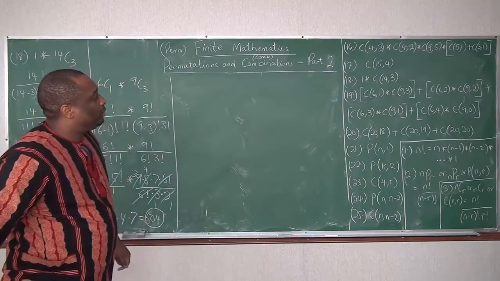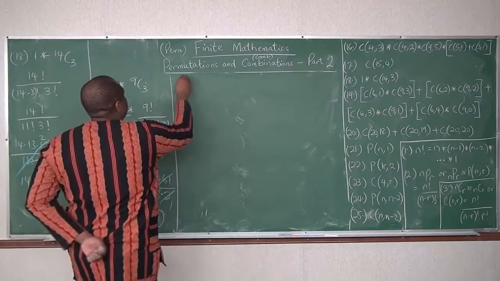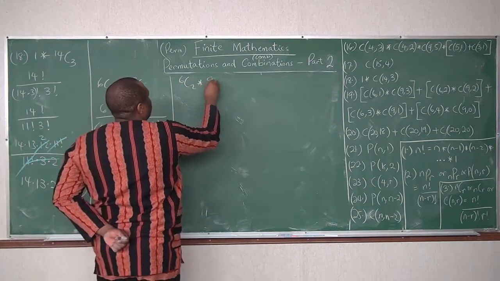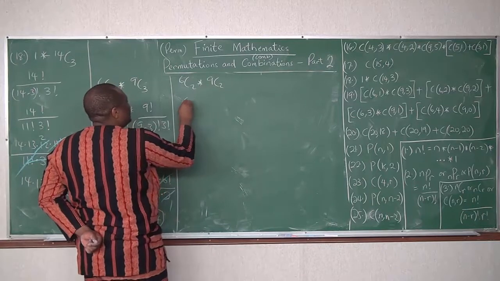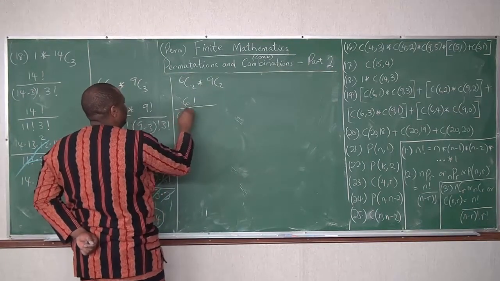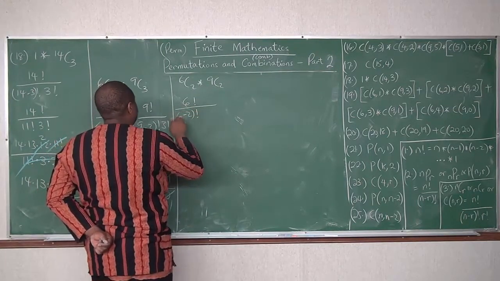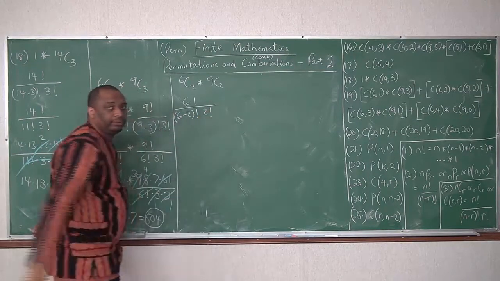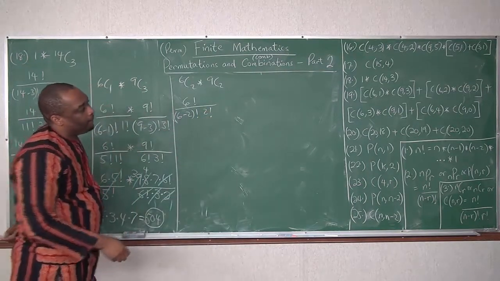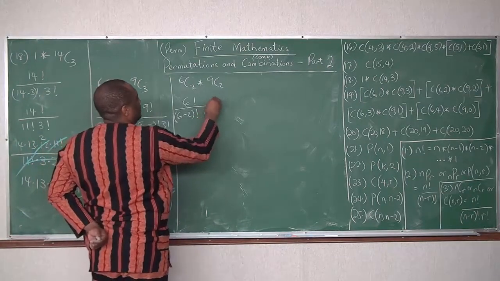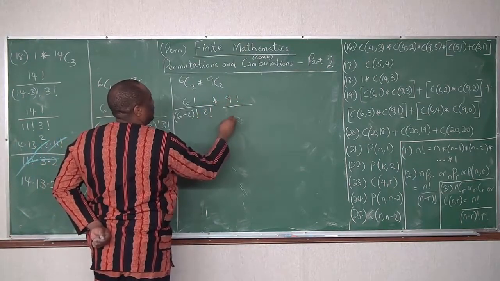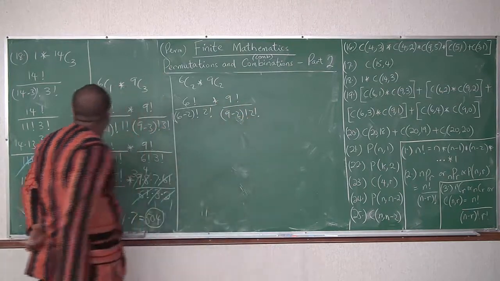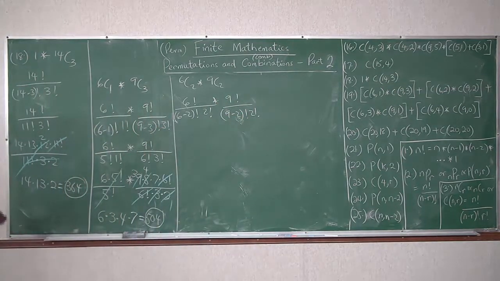We do the second one, 6 choose 2 times 9 choose 2. So this is 6 factorial over 6 minus 2 factorial, 2 factorial, okay, times 9 factorial over 9 minus 2 factorial, 2 factorial, okay.